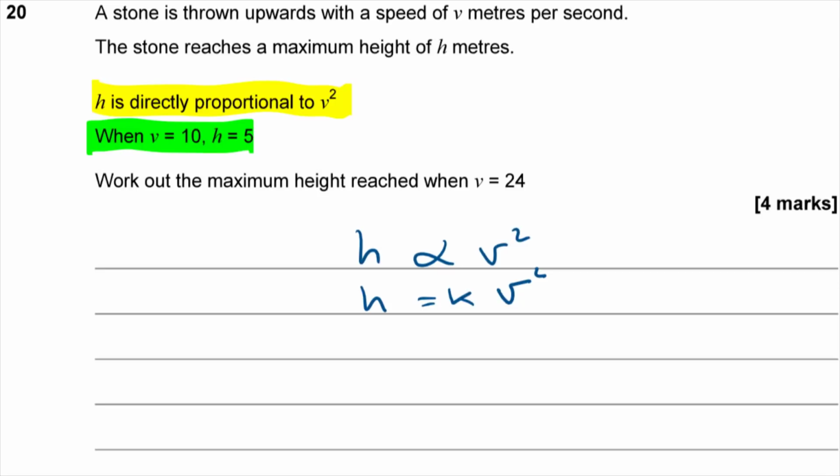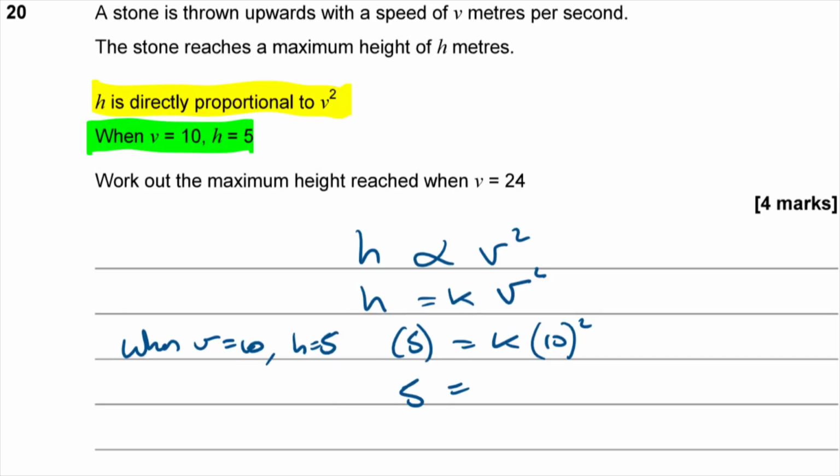So let's sub those in. When v is 10, h is 5. So subbing those in, 5 equals k lots of 10 squared. So you can see the only thing we don't know there is k. So 5 equals 100k, giving me k is 5 over 100, or 0.05.